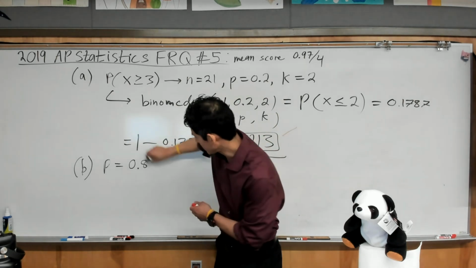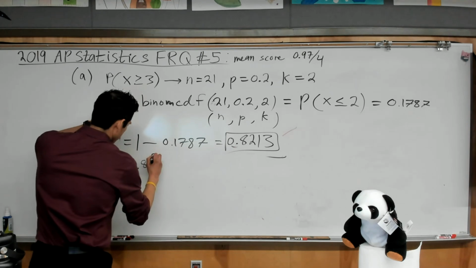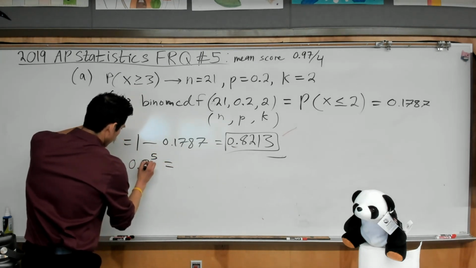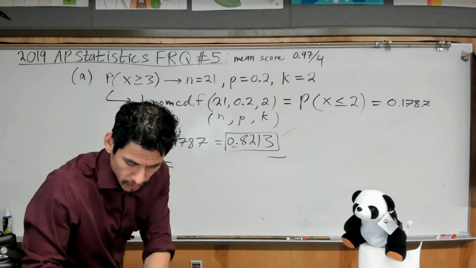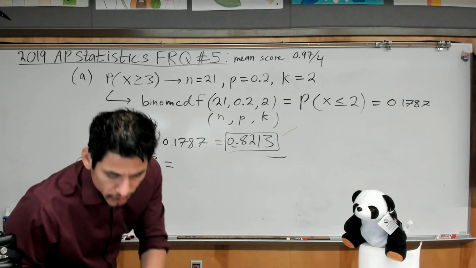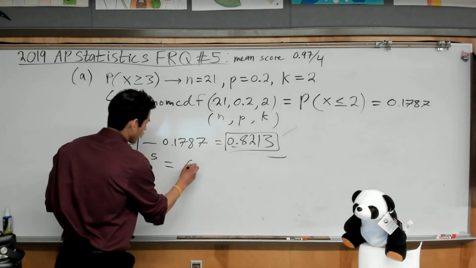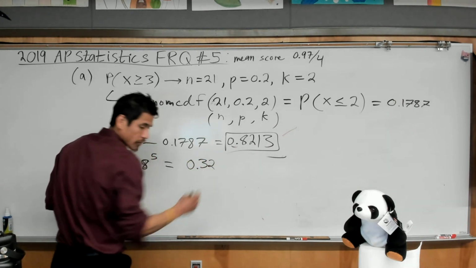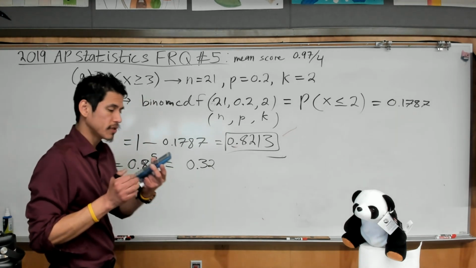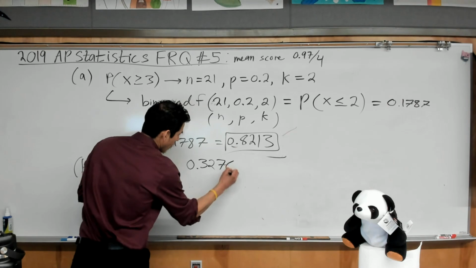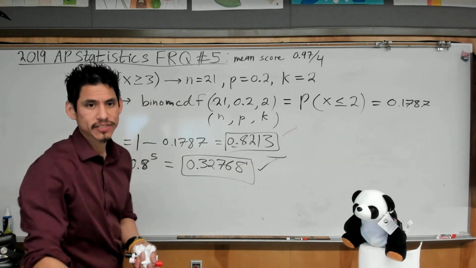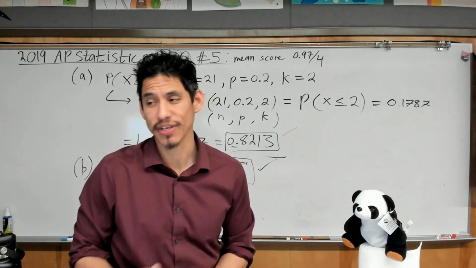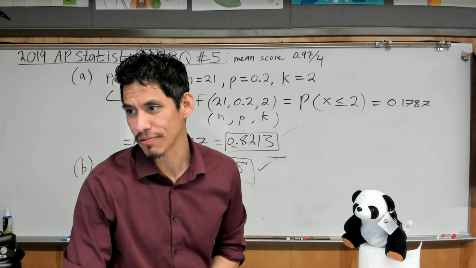So we just do 0.8 to the 5th, and we will get 0.32768. All right. So the mistake here was to overthink it, which is always annoying.